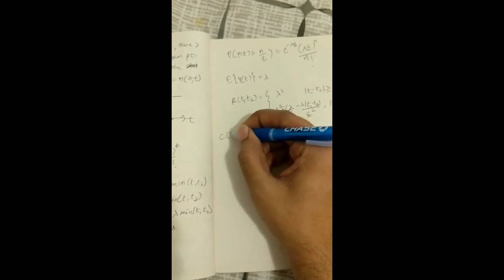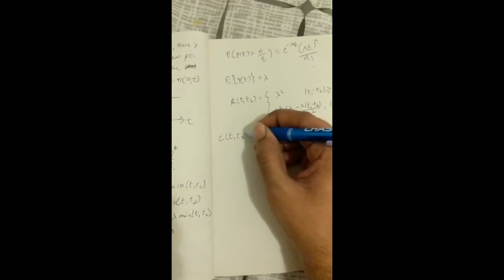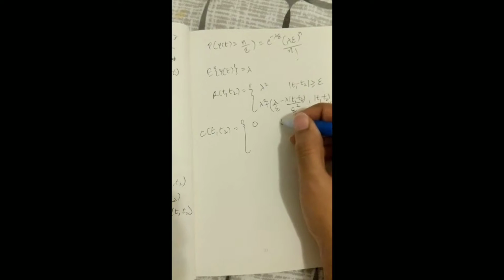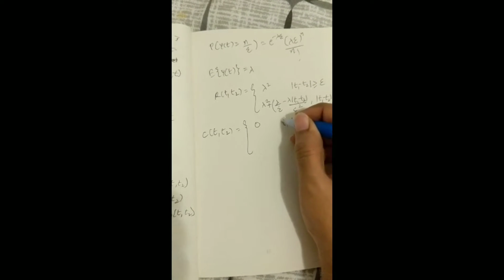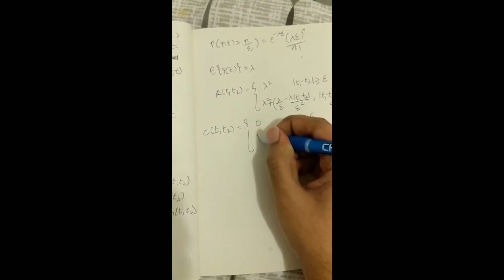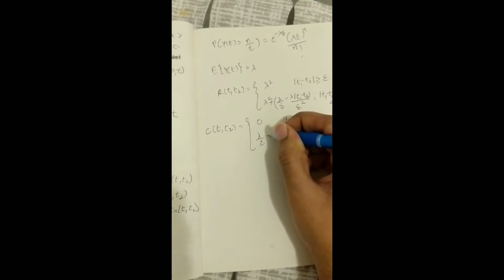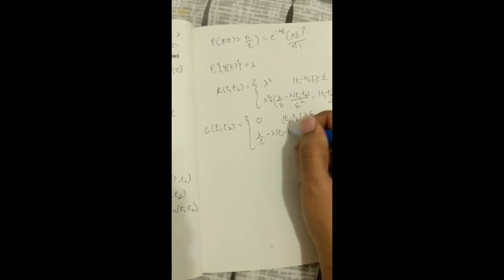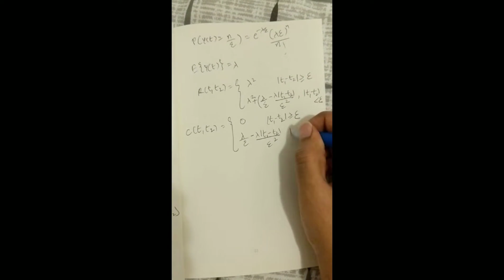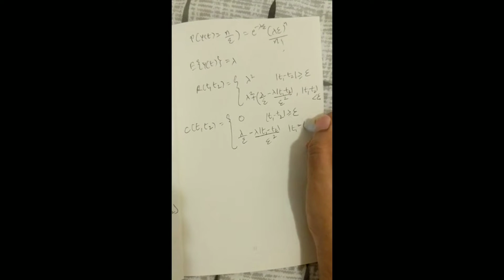And the autocovariance c is equal to 0 if this modulus is greater than or equal to e, and is equal to lambda by e minus lambda mod t1 minus t2 divided by e squared if this modulus is less than e.